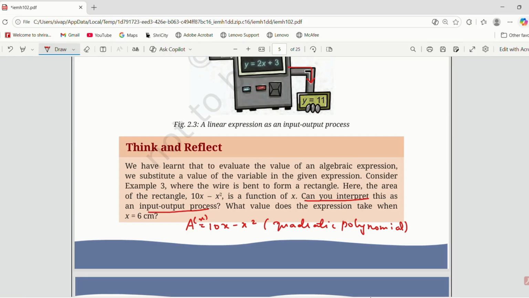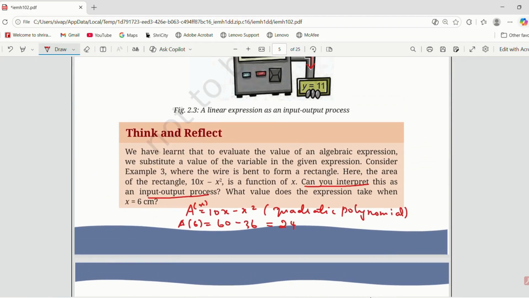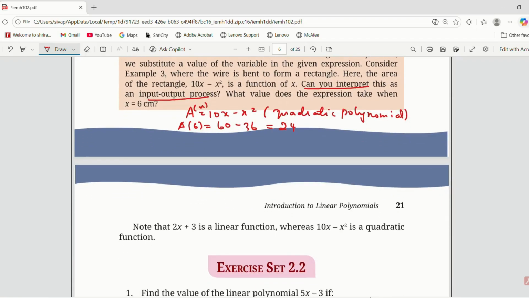They are asking for the value of the expression when x is equal to 6. So substitute here: A of 6 is equal to 10 into 6, which is 60, minus 6 square, which is 36. 60 minus 36 is 24. So the area will be 24. So we can apply the input output method for this problem also.